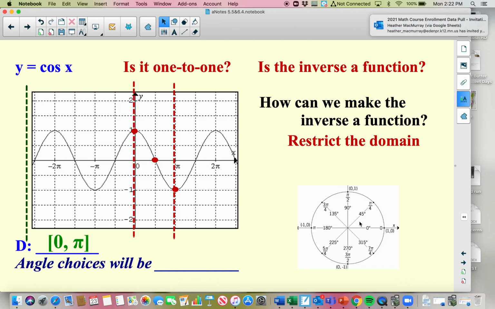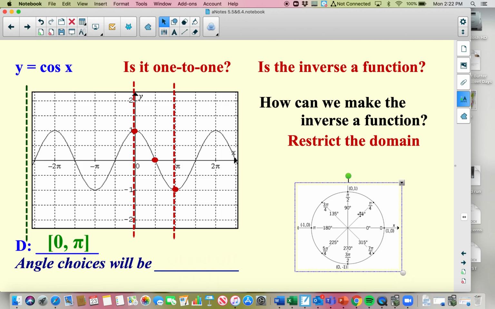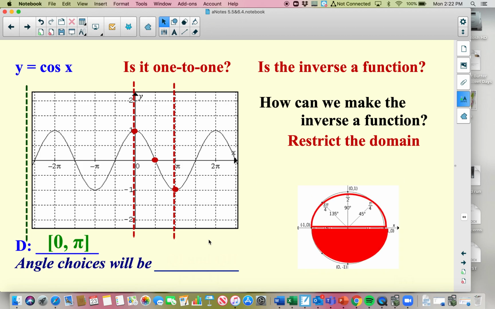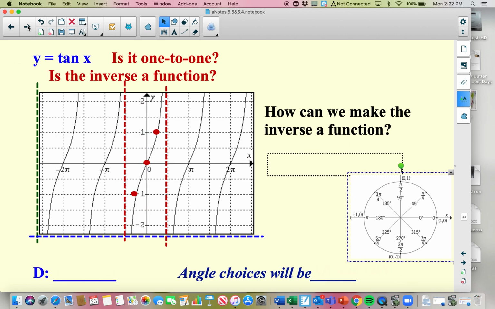On a unit circle, anything between 0 and pi is, of course, quadrants 1 and 2. So if you look over here, you can see that the domain restriction has to be anything in quadrant 1 or 2.